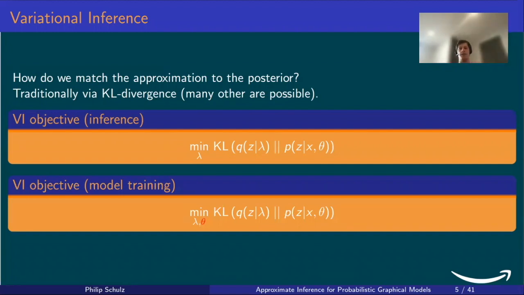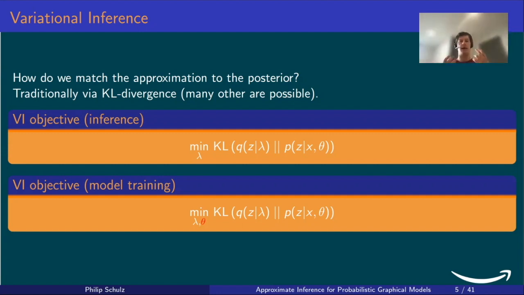And oftentimes we don't only want to do that for inference. So not only do we want to approximate the posterior, but we will also want to train the model at the same time. And for the rest of this talk, just remember that lambda is going to be our variational parameter, so the parameters of the approximation, and theta is going to be our model parameters. So in particular, what we can do is optimize this KL divergence for the model parameters and the variational parameters simultaneously.